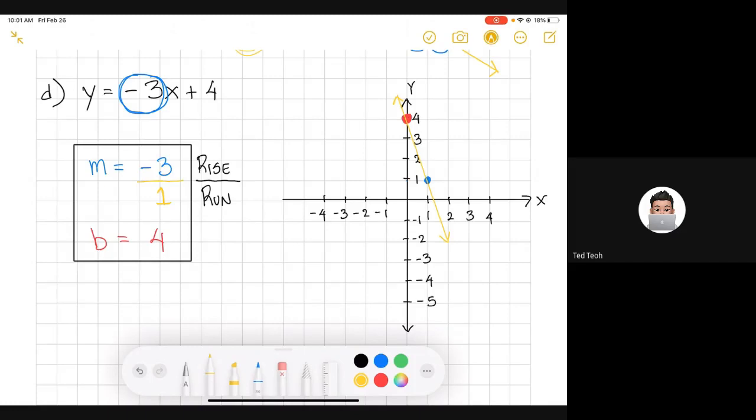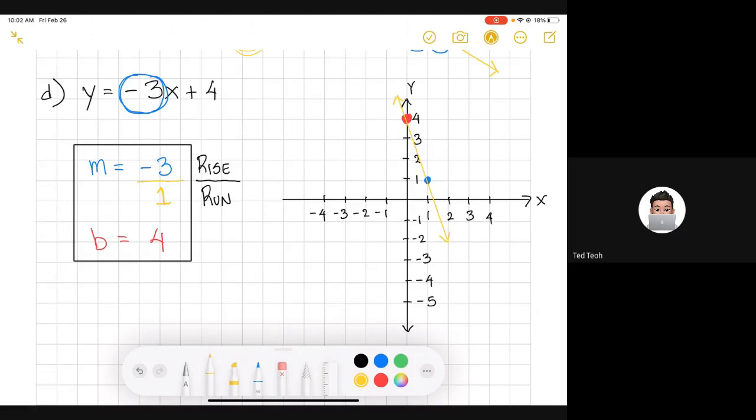All right, so let's break it down into steps. Step one, write down what the slope and y-intercept are. If the slope is a whole number, make it a fraction by writing it over 1. Step two, plot your y-intercept on the graph.